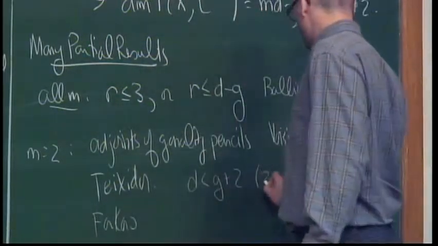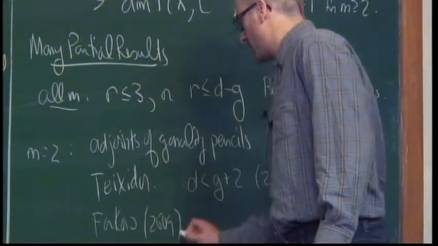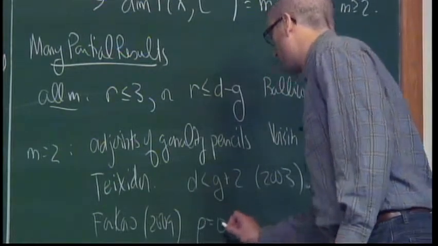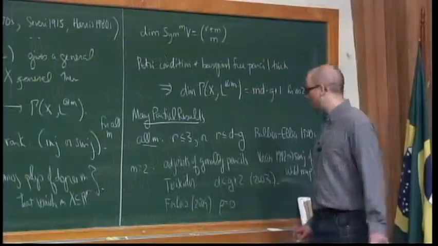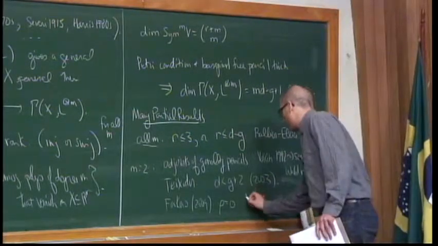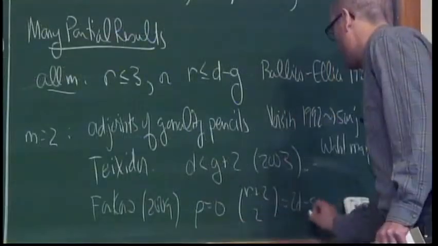So this is 2003. In 2009, Farkas proved the case where rho equals 0, and mu 2 is an isomorphism. So (r plus 2 choose 2) is equal to 2d minus g plus 1.